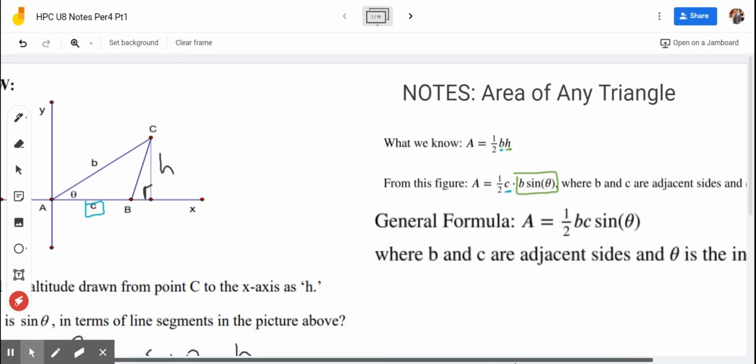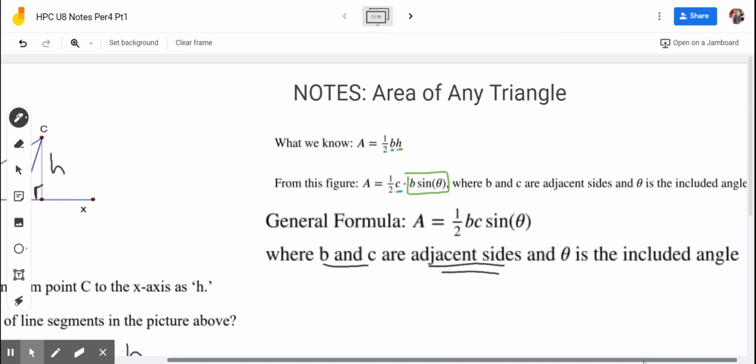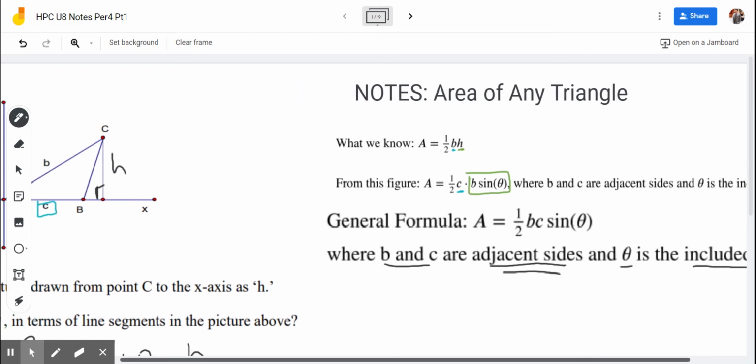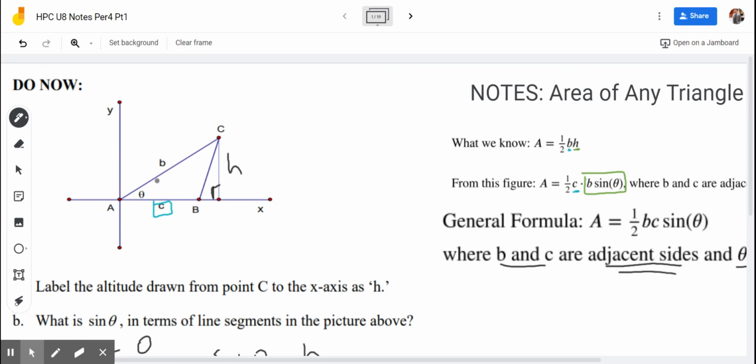Specifically, b and c have to be adjacent sides, and theta is the included angle. It has to be between the two sides. So if we go back to geometry, it's side angle side.